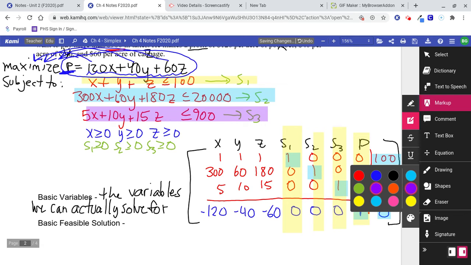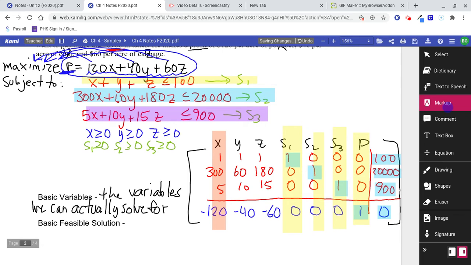But if you look at X, the problem is you don't know what to look at, okay? Do I look at this number or this number or this number or this number? And if I don't know which one of those numbers to look at, I wouldn't know how to solve for those variables.